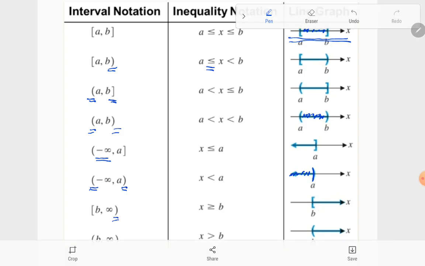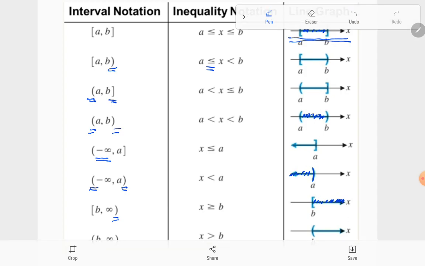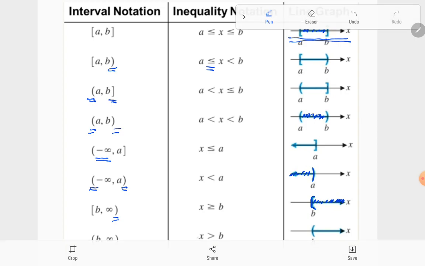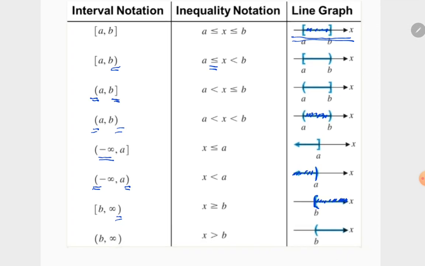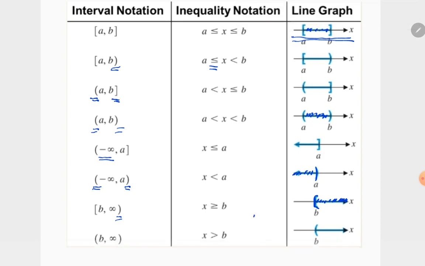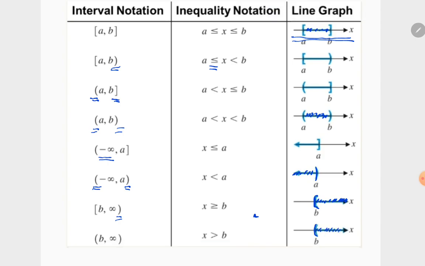So here is b, we locate b on the number line, right? Then x should be on the right side of b, and b is included, so we use the bracket here. X is greater than b, so b is not included, so we use the parentheses. X is on the right side of b.